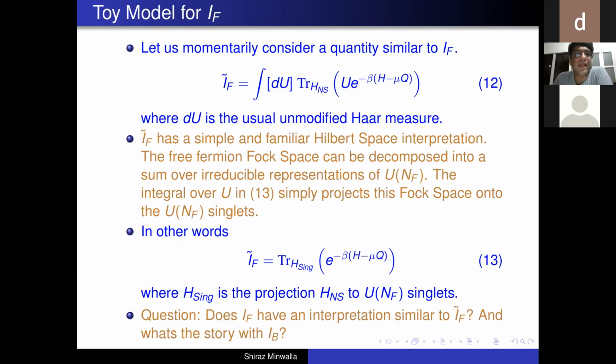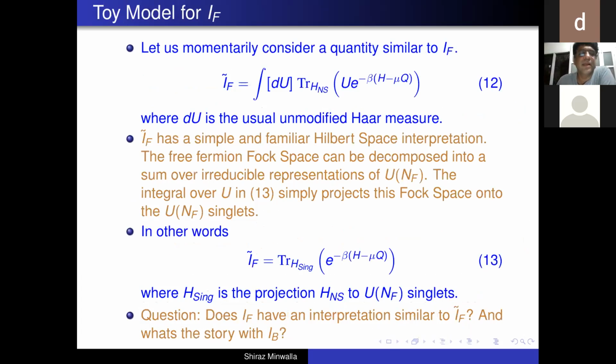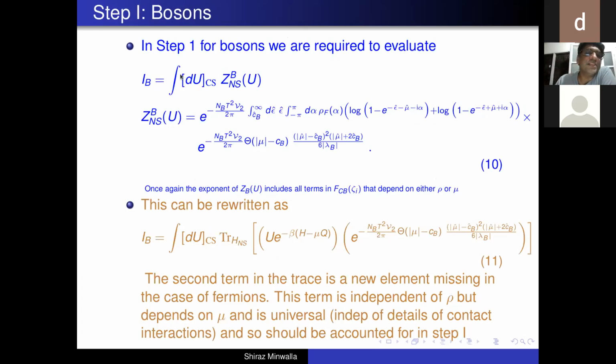Okay. Now this looks very, very familiar. The structure looks very, very familiar. And I'm going to remind you in what sense it looks familiar. Remember, this integral over Haar measure was a funny integral over Haar measure.